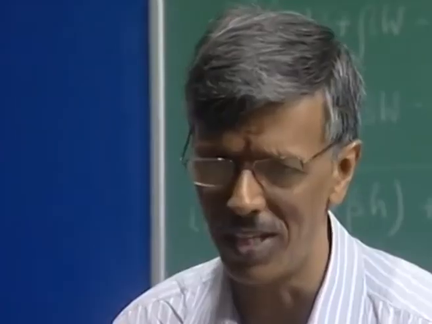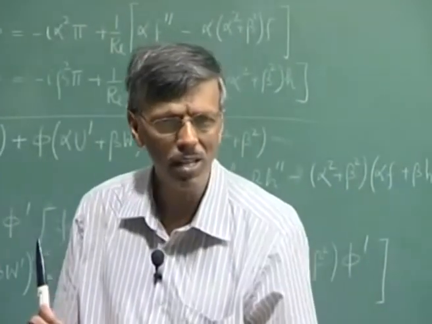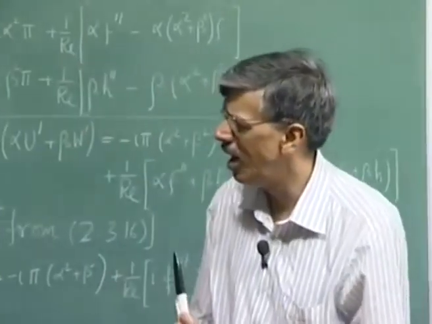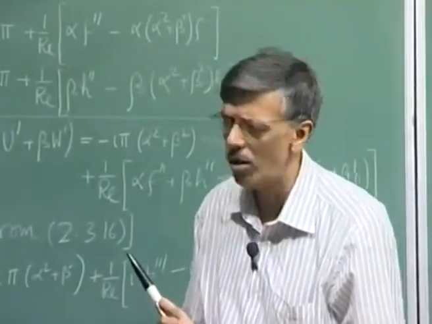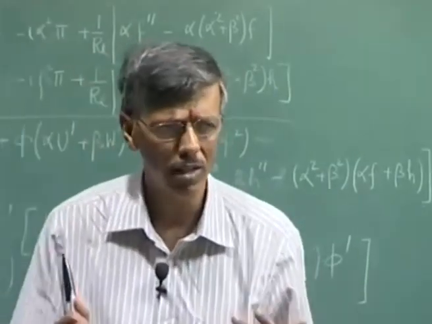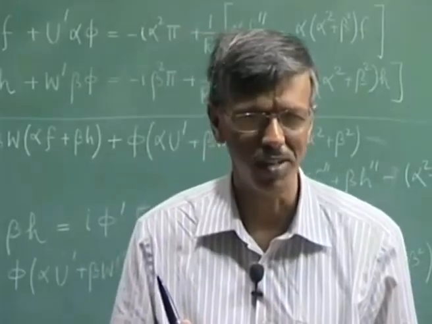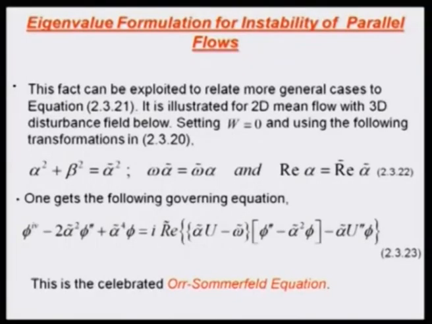Which one should we study? It is a very legitimate question to ask. Your initial reaction would probably be, let us go for the most generic case, the 3-dimensional disturbance field. But what we are trying to show you here is that is not necessarily the smartest thing to do. Let us work it out.